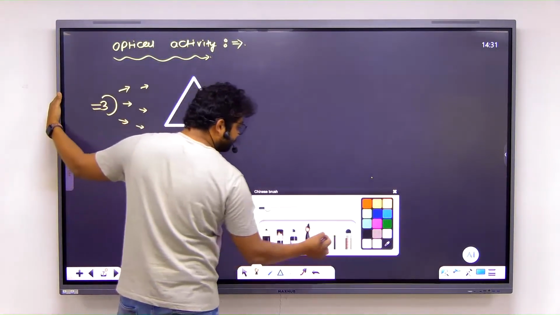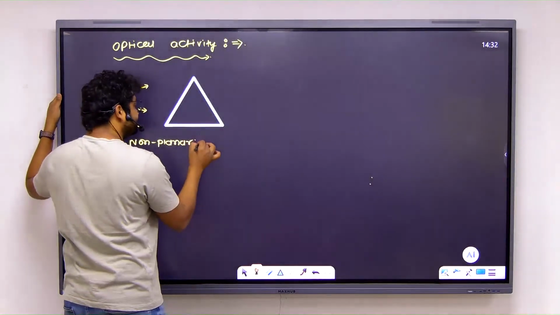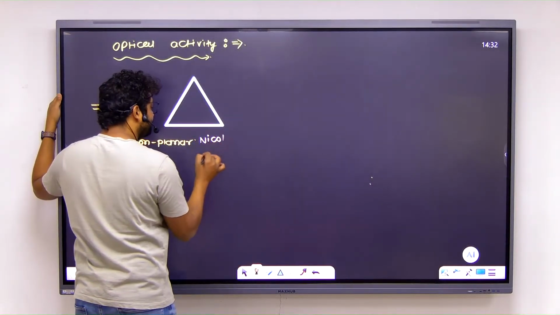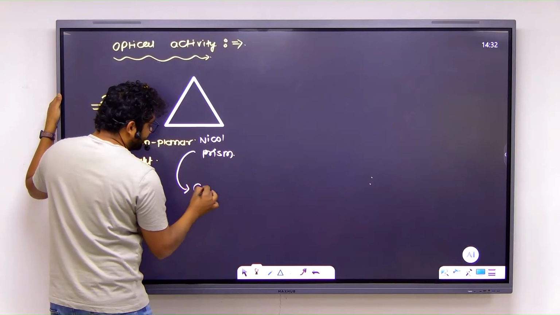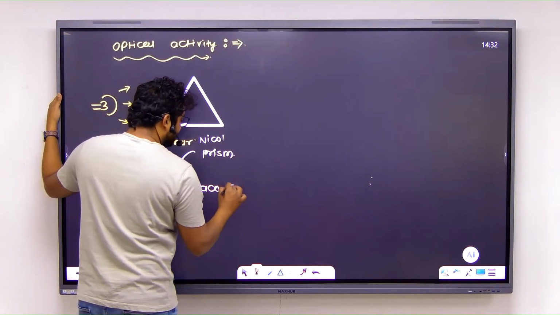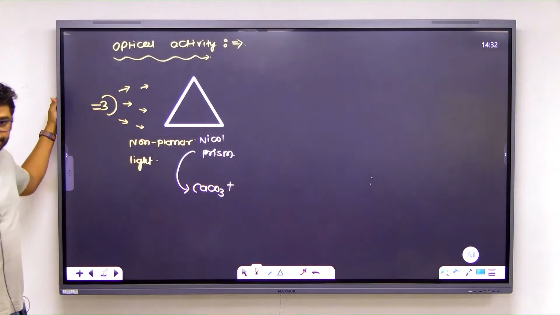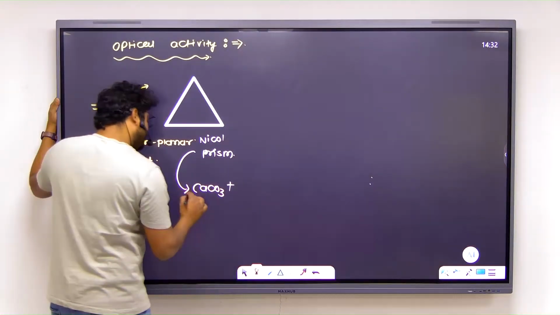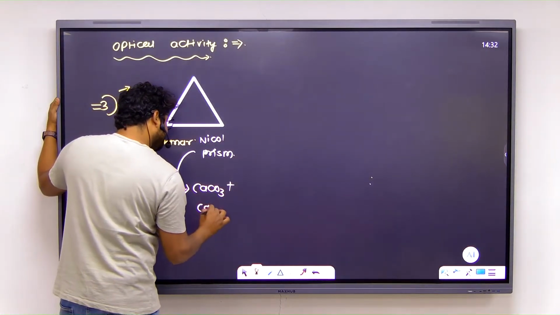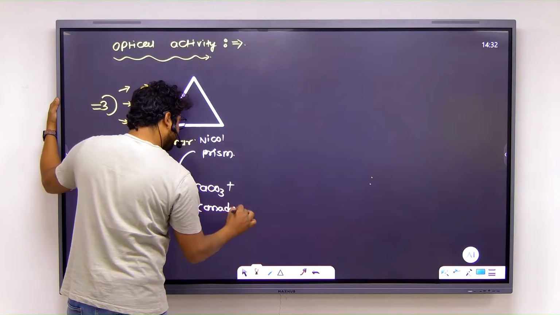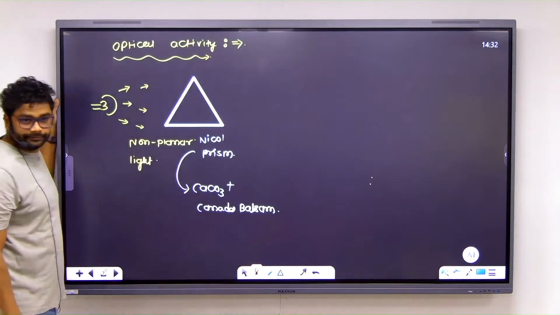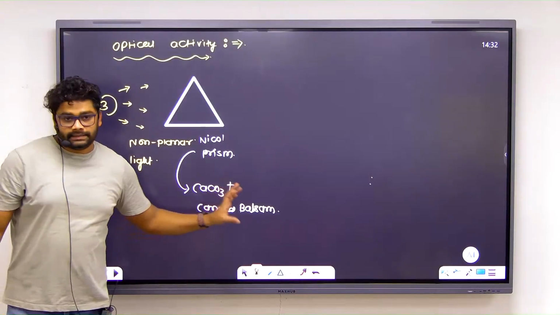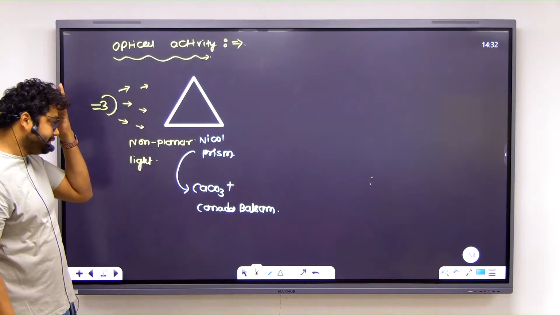A Nicol prism is made from parts of calcium carbonate, and the sticking is done using what? Canada balsam. Two things are used here. One is CaCO3 and the other is what?